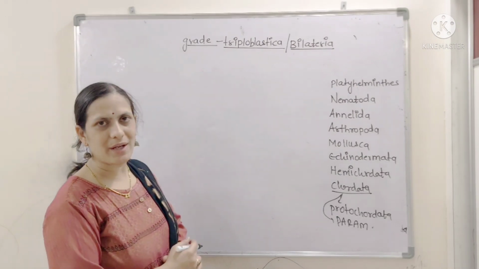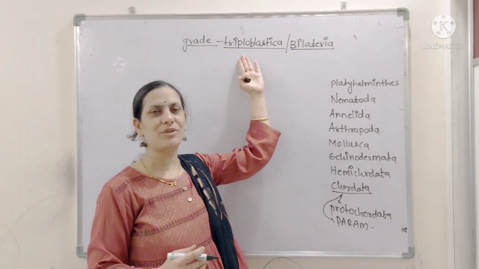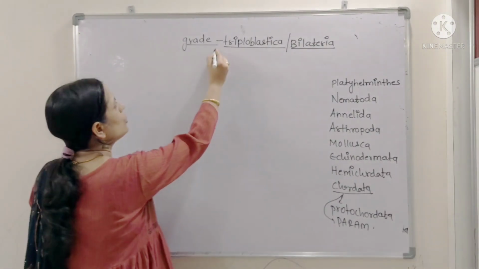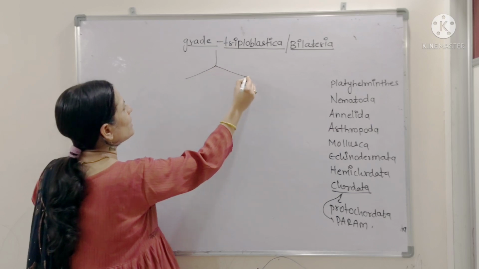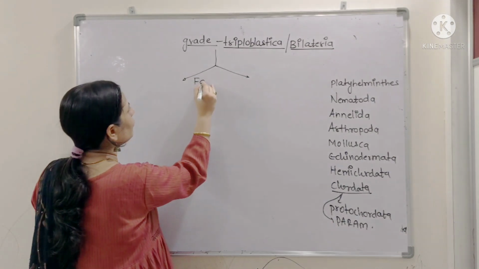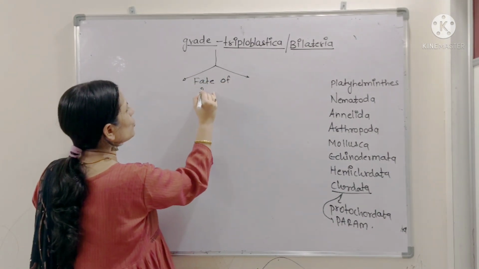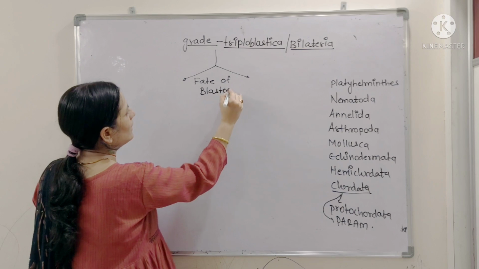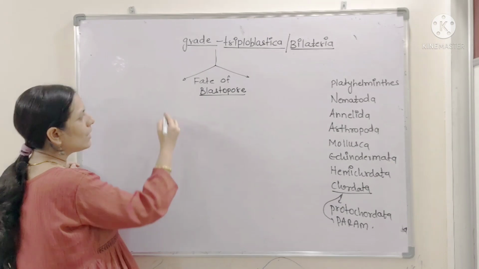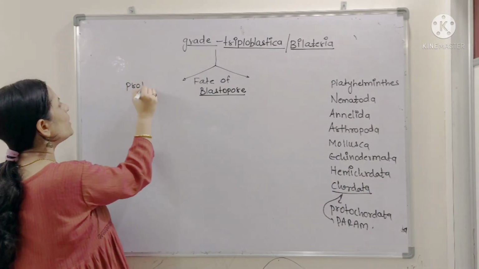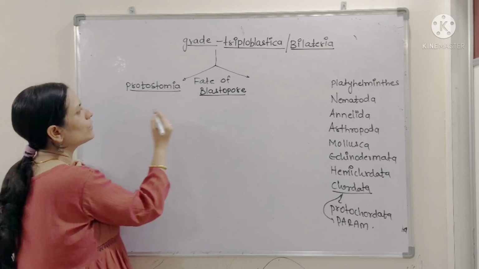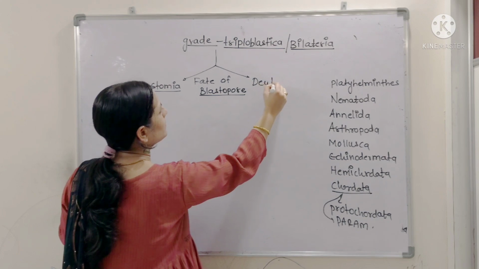Whatever these all phyla are there, all of them are having 3 primary germ layers and the same type of symmetry, again they are getting divided into 2 different groups based on the fate of the blastopore, which is the opening of the archenteron, as you know. So first group is Protostomia and the other group is Deuterostomia.